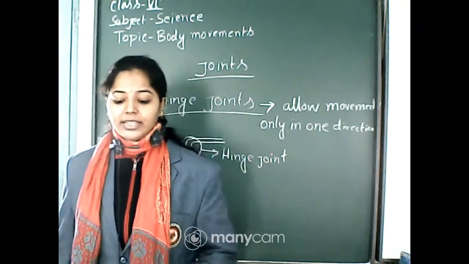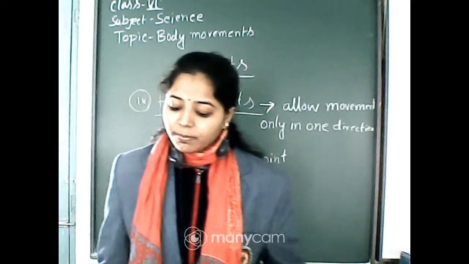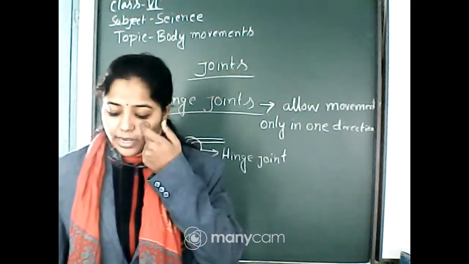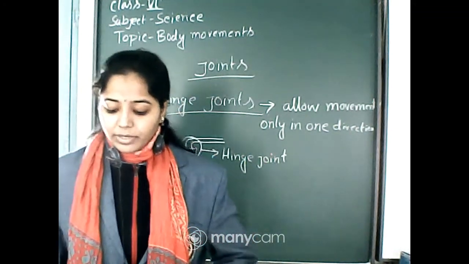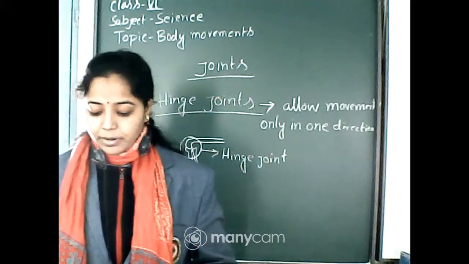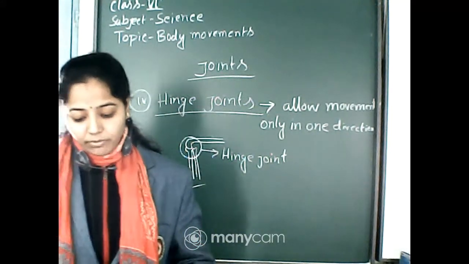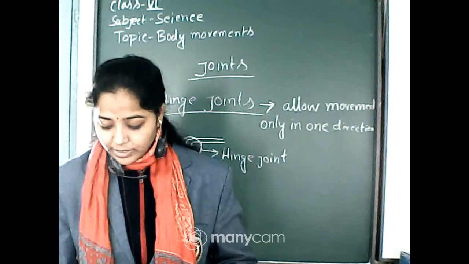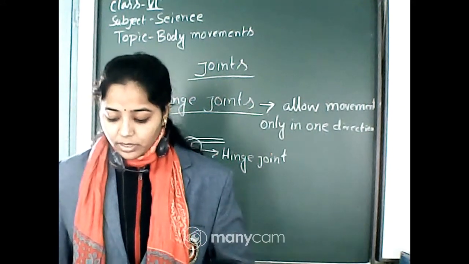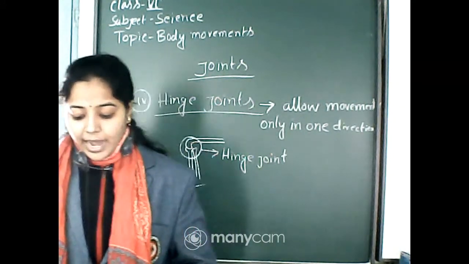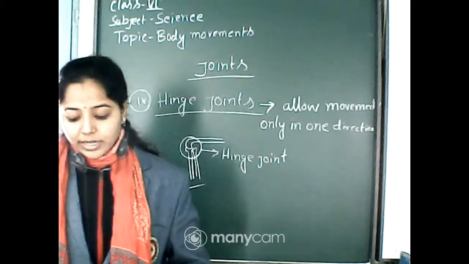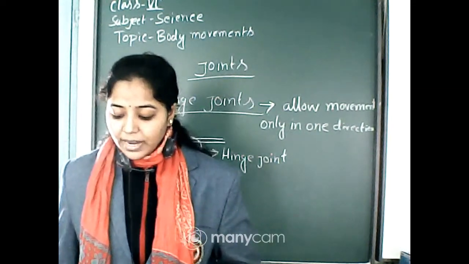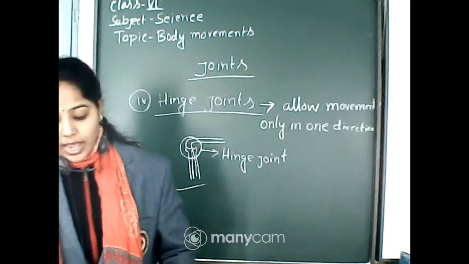Now activity 3: let us look at the kind of movement allowed by a hinge. Make a cylinder with cardboard or thick chart paper as shown in figure 8.5, which you can see in the below portion, left hand side, and attach a small pencil to the cylinder by piercing the cylinder at the center as shown.